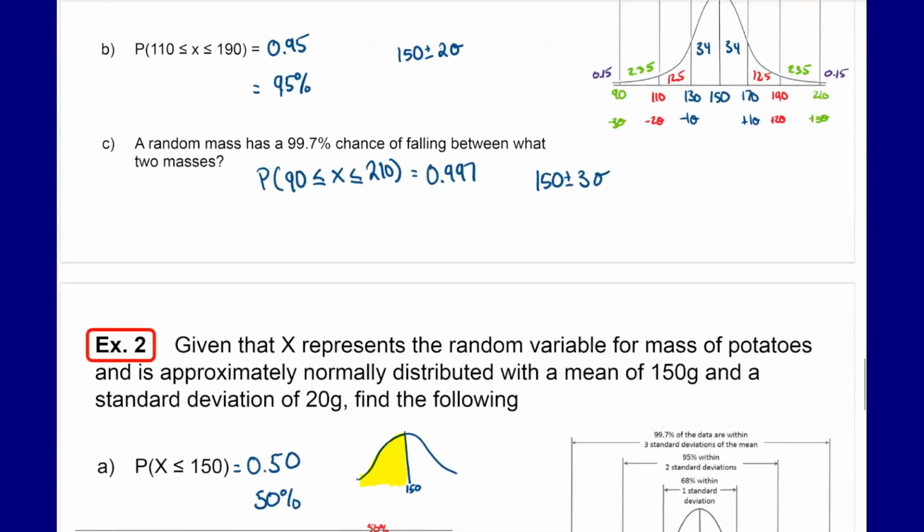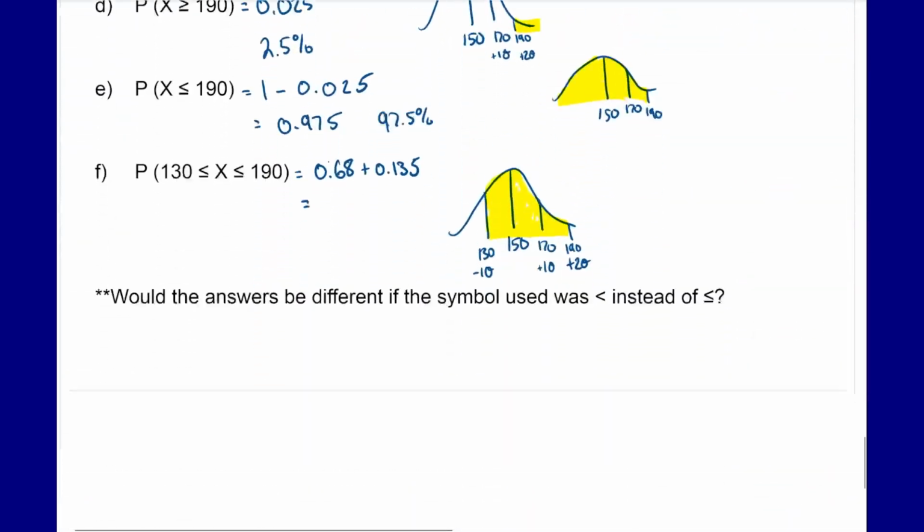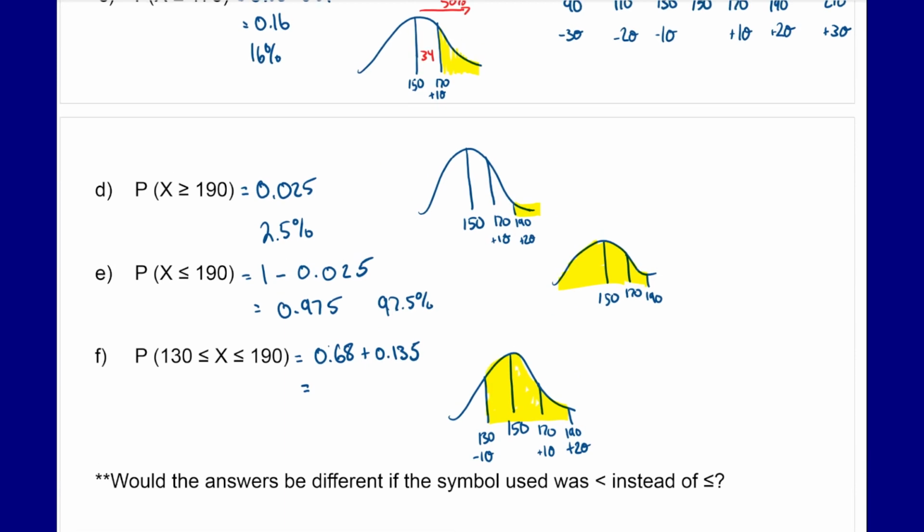So it does help to have that on hand, as well as the different markers for the different standard deviations. So when I go through and add this up, I get 0.815 or 81.5%. So there's an 81.5% chance of our potato falling between 130 and 190 grams.